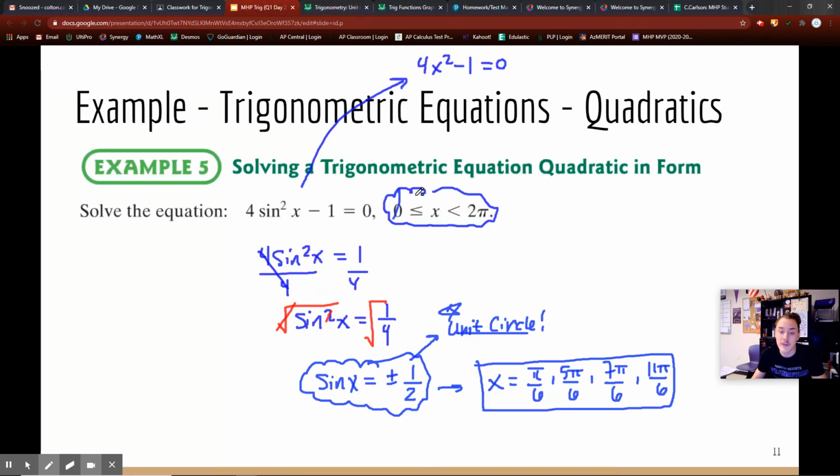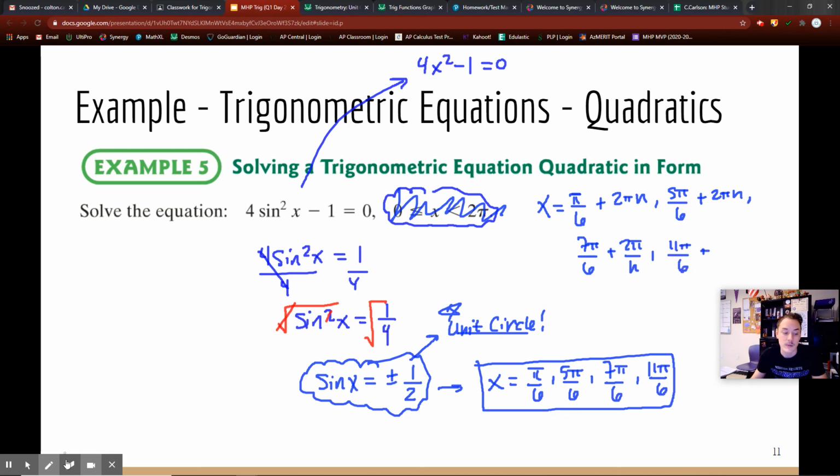Now, what happens if it did not give me an interval? What I would have to do, guys, is do pi all over 6 plus 2 pi n, comma, 5 pi all over 6 plus 2 pi n, comma, 7 pi all over 6 plus 2 pi n, and then 11 pi all over 6 plus 2 pi n.